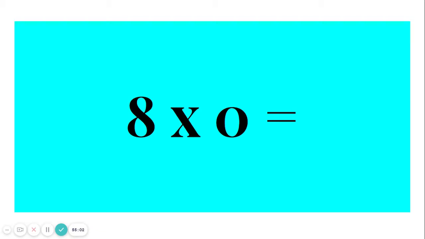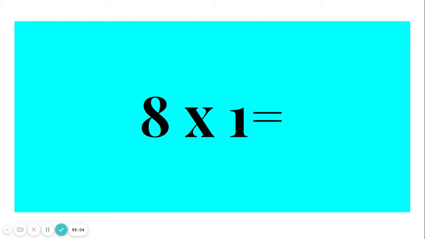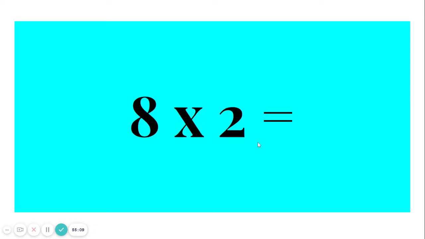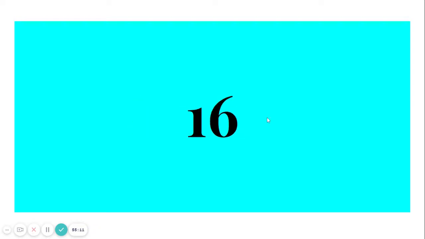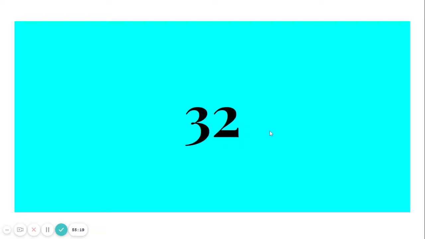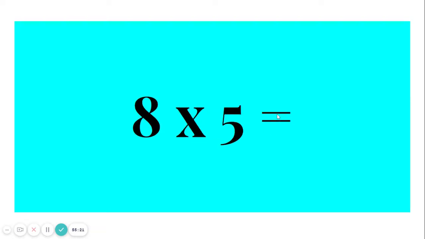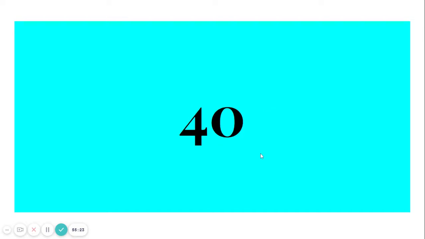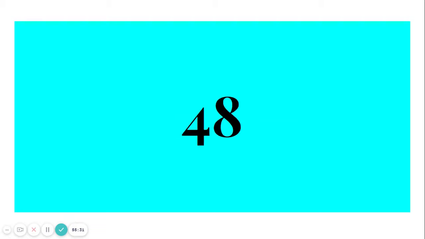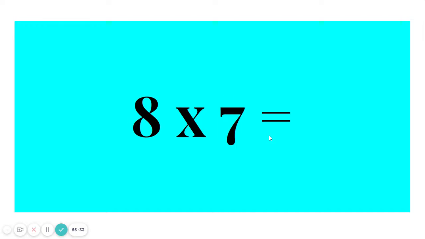8 times 0 is 0. 8 times 1 is 8. 8 times 2, 16. 8 times 3, 24. 8 times 4, 32. 8 times 5, 40. 8 times 6, 48. 8 times 7, drummer boy.